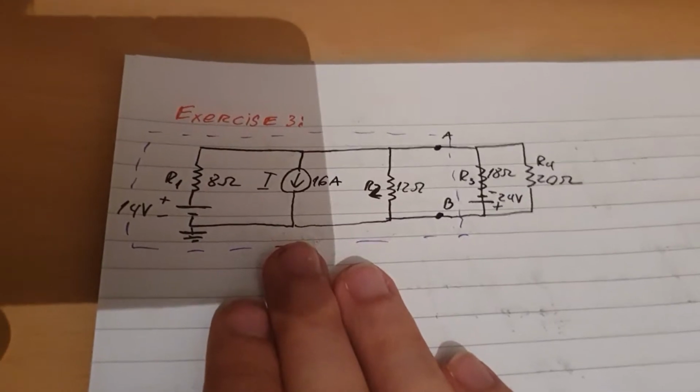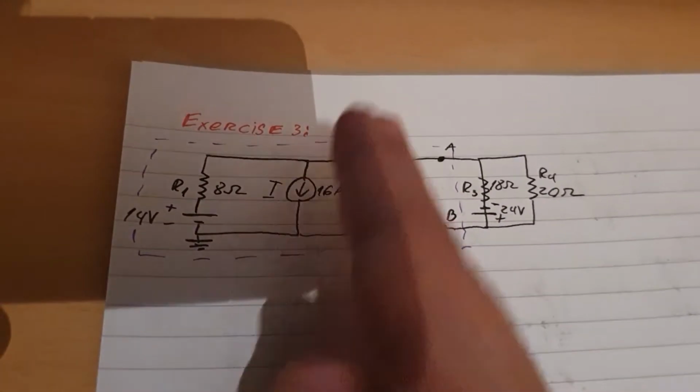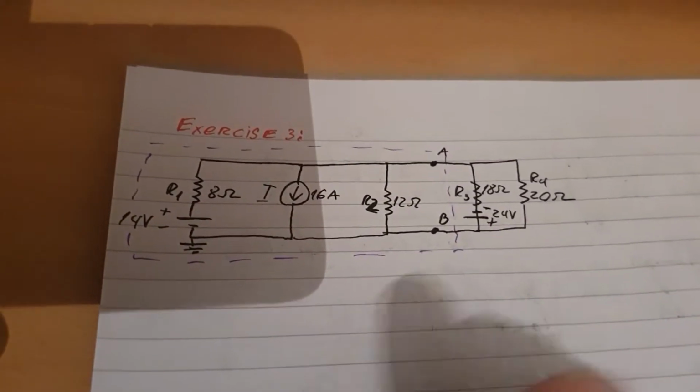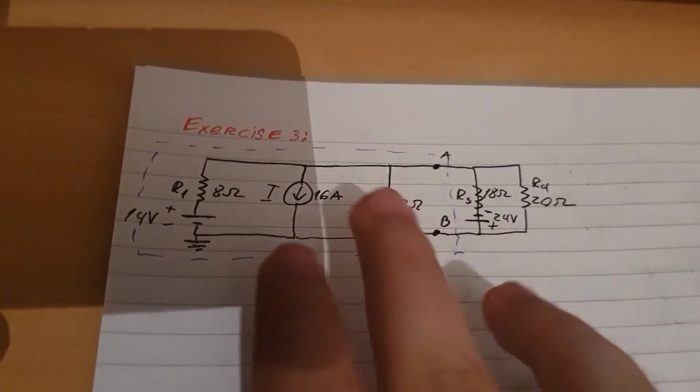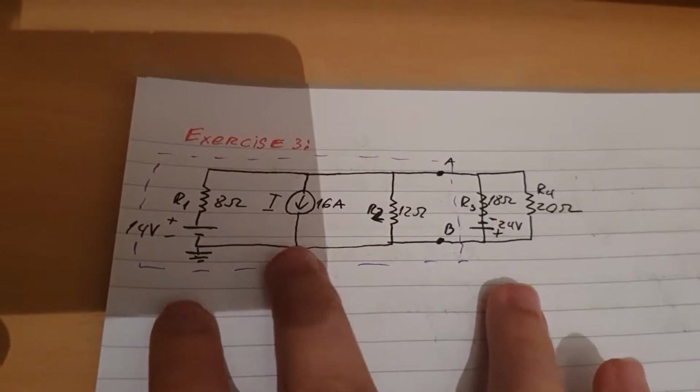Imagine you need to calculate only 2 values from this side, then it will be so much easier compared to calculating everything, because instead of applying superposition 3 times, you need to apply it only twice.